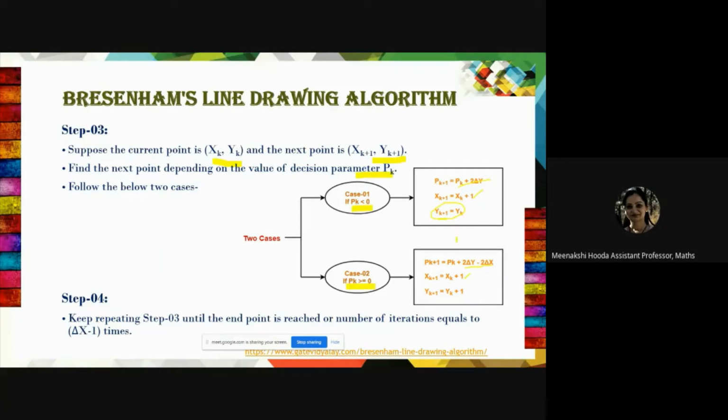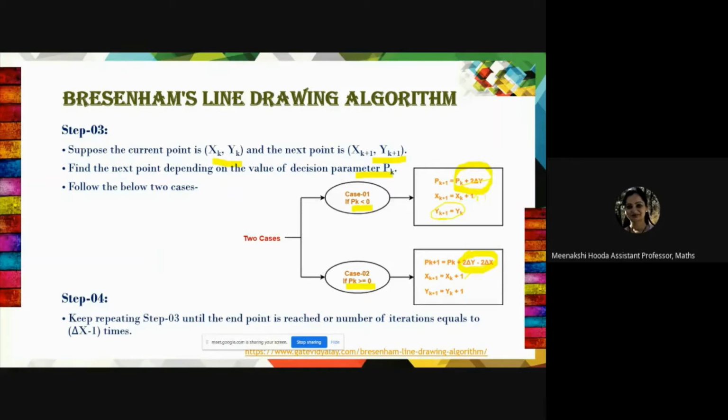If it is less than 0, then we need to increment the decision parameter by 2 delta y, else it will be incremented by 2 delta y minus 2 delta x, or you can take the common 2 and write 2 times delta y minus delta x.